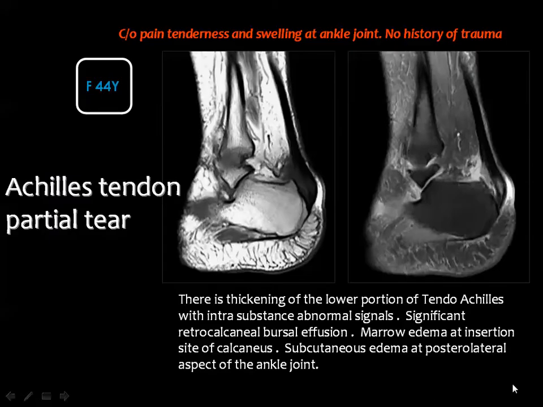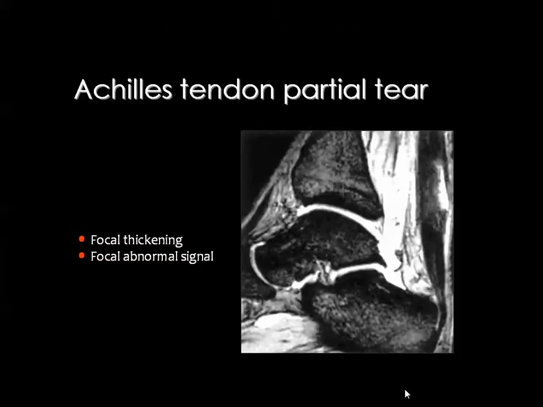Then here you see this is the Achilles tendon, and you can see a focal area of increased signal near its calcanean insertion, denoting partial tear associated with some edema in the subcutaneous tissue and also edema in the fat anterior to the calcaneus, to the tendo-Achilles.